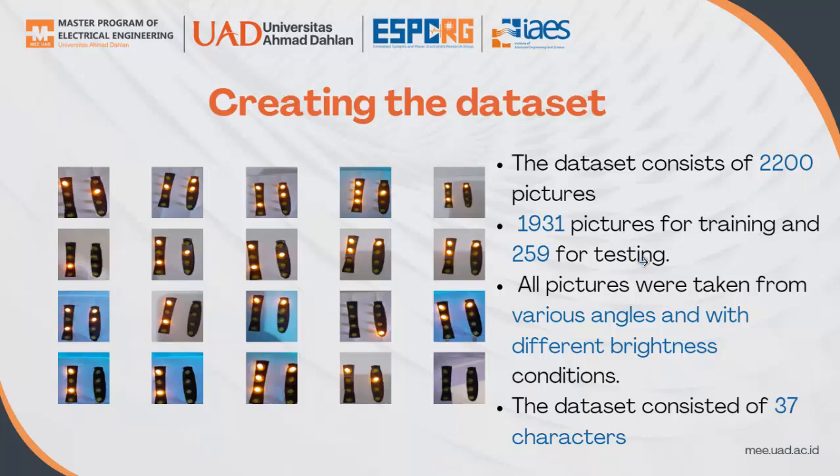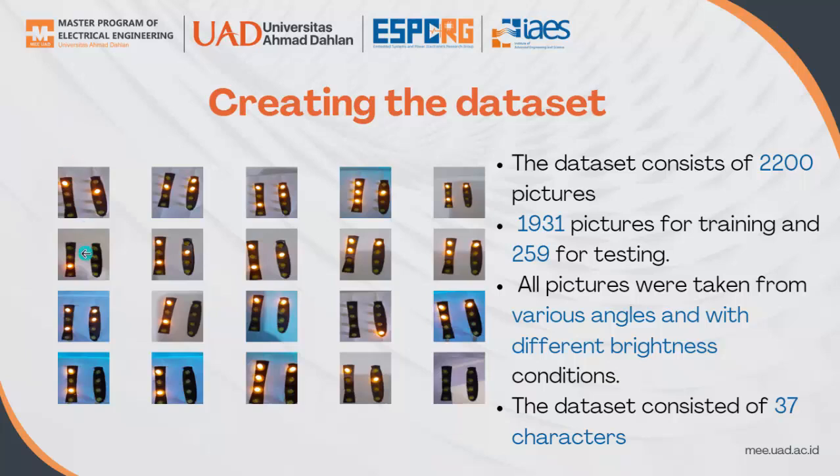All pictures were taken from various angles with different brightness, so we consider every condition in which people will use our device. You can see here this light, this is a shadow in this area, and this is another image with a shadow from here, and a lot of them are not straight, they are at an angle.